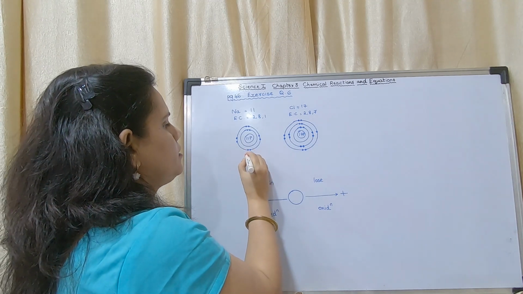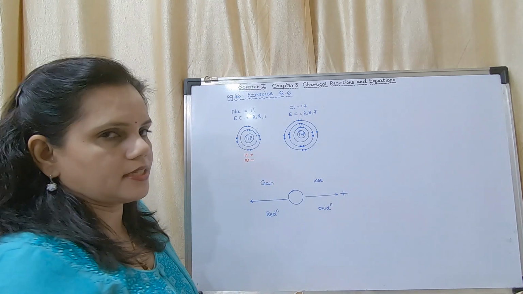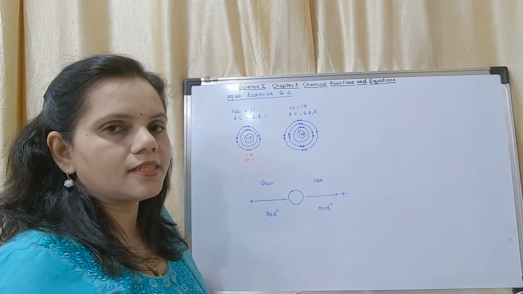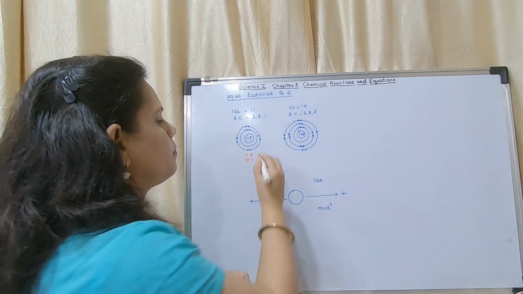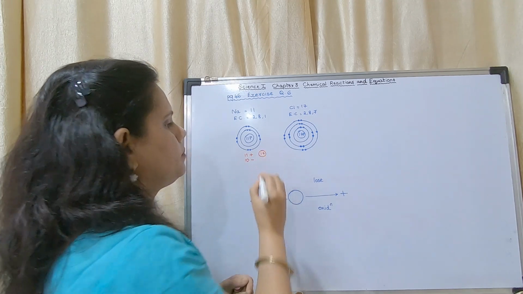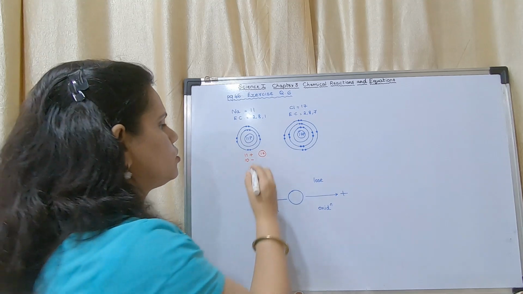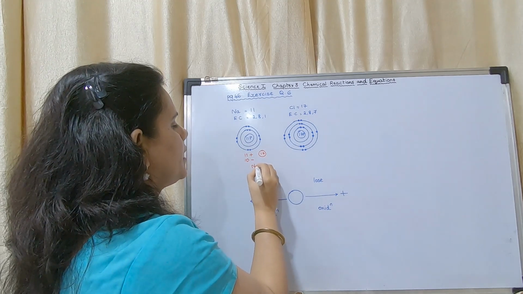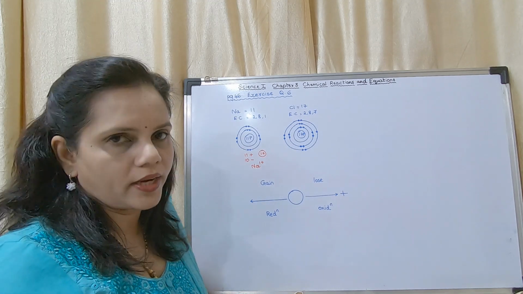There are 11 positive charges and 10 negative charges. So it has one positive charge extra. So this will become Na1 plus.